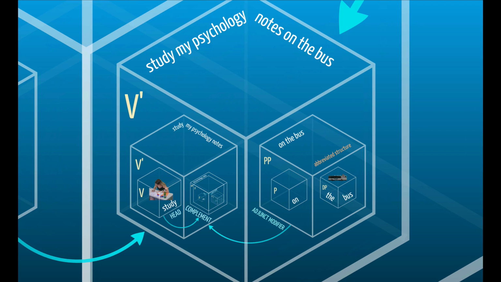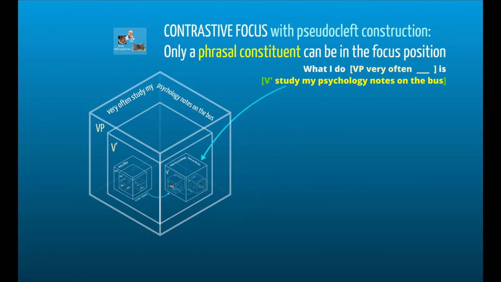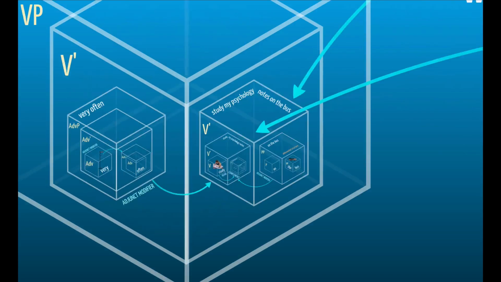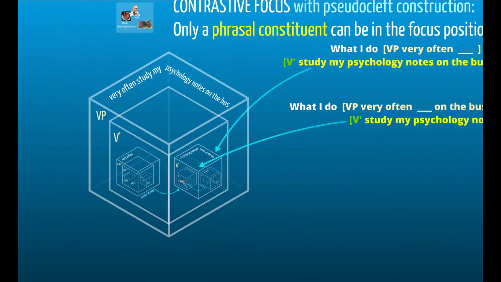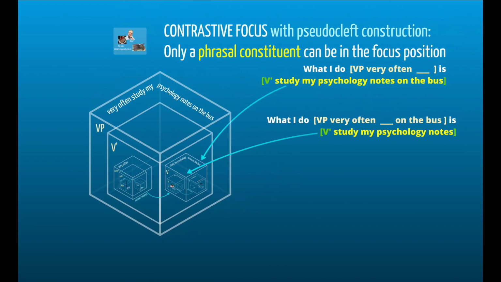Similarly, I can put study my psychology notes in focus, leaving out both adjunct modifiers. And in the model, this fragment of the VP is the V-bar containing just the V-head and its complement. This pseudocleft construction gives us one of the most useful diagnostic tests for distinguishing adjuncts from complements.